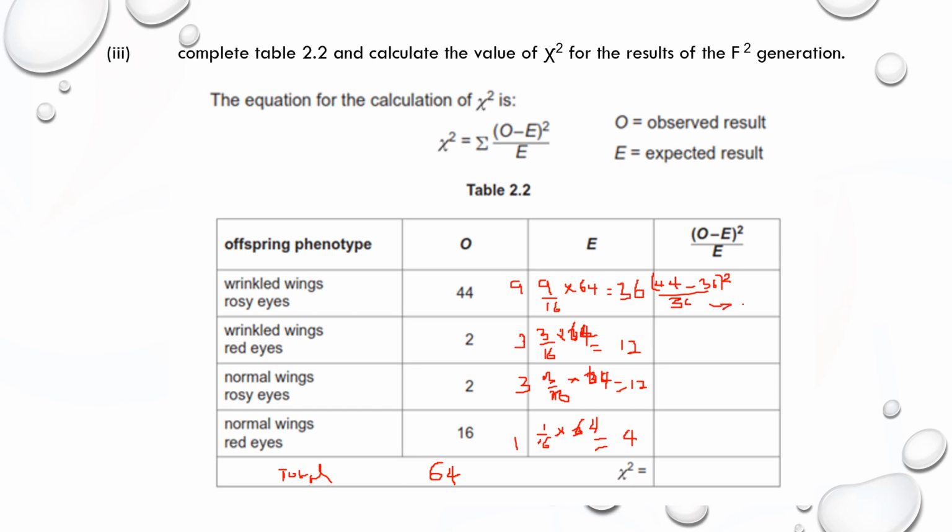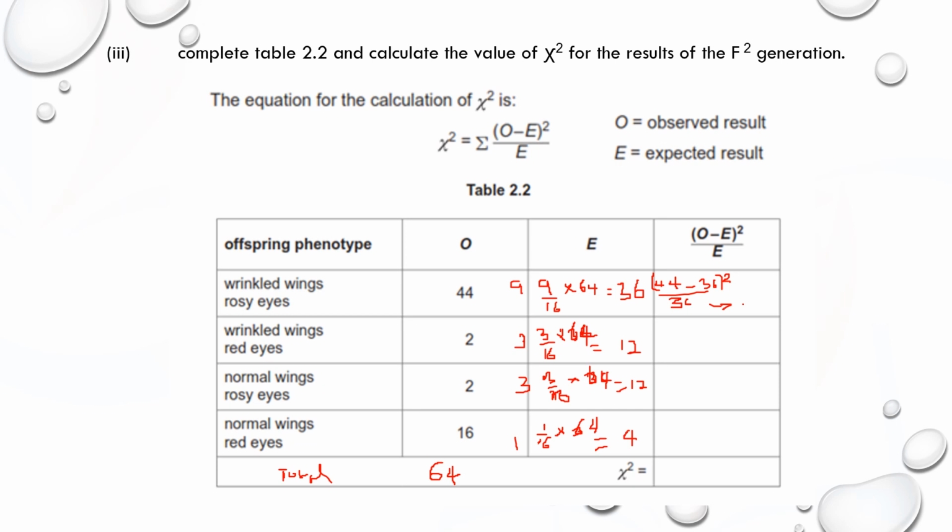So let's do it again. 44 minus 36 is 8. 8 squared is what? 8 times 8 is 64. Then 64 divided by 36. What does it give you?